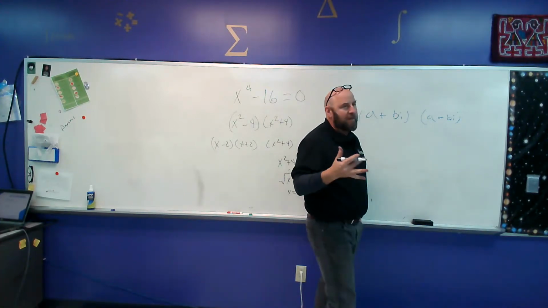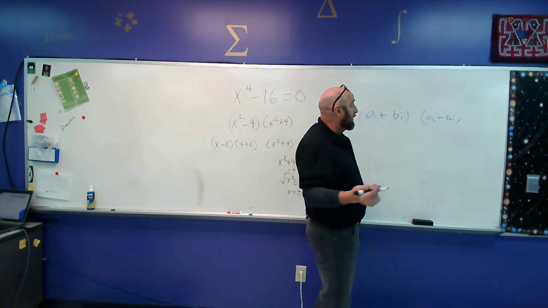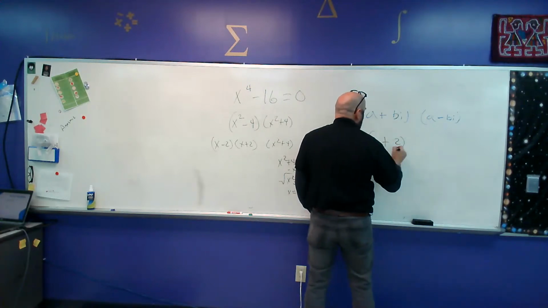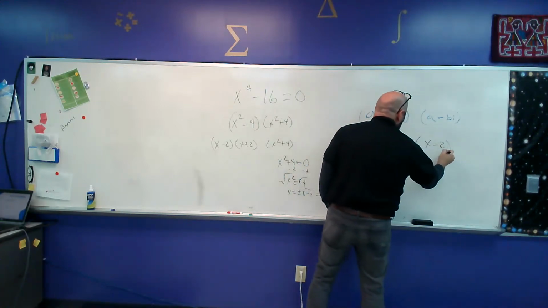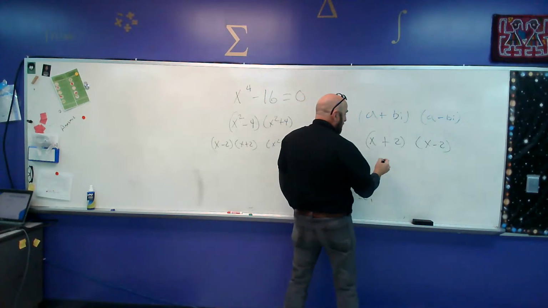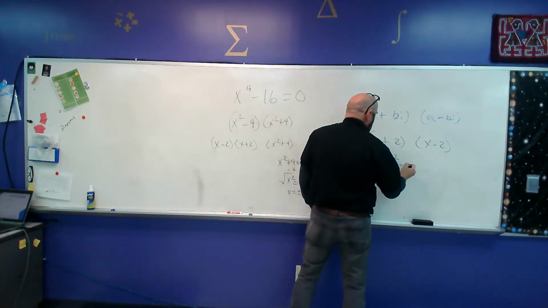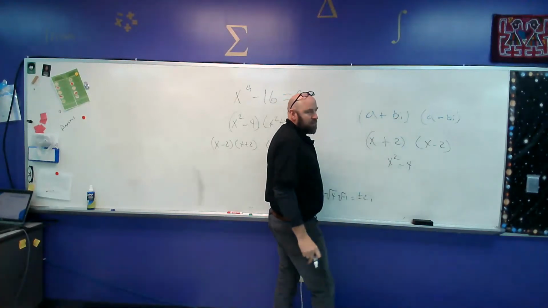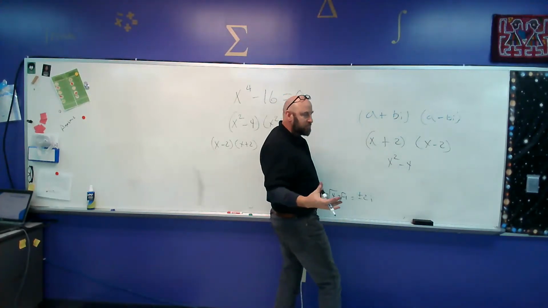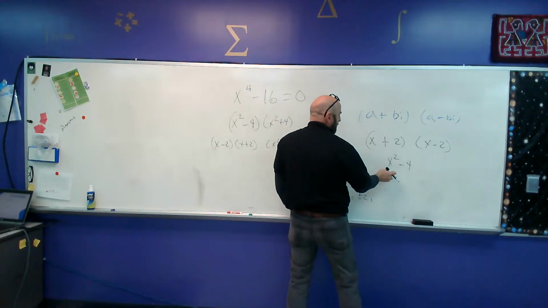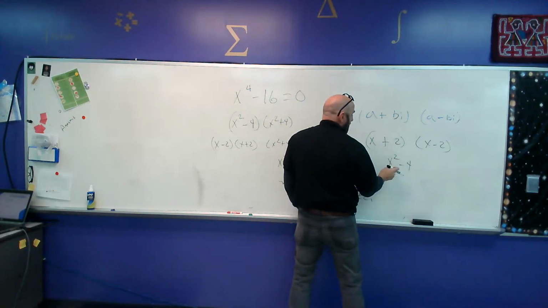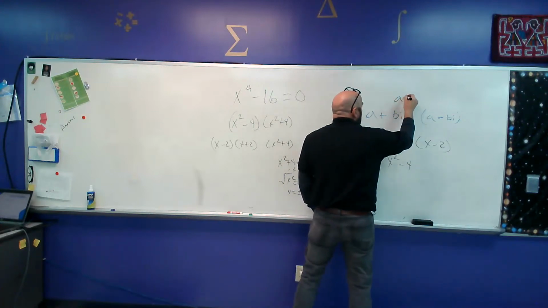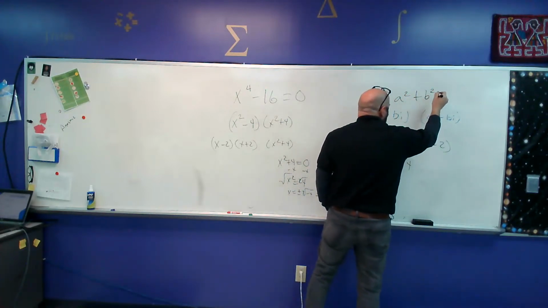So if you had a typical conjugate, like x plus 2 times x minus 2, right? That becomes x squared minus 4, right? In the complex number system, it's very similar, but instead of being a squared minus b squared, it's a squared plus b squared.